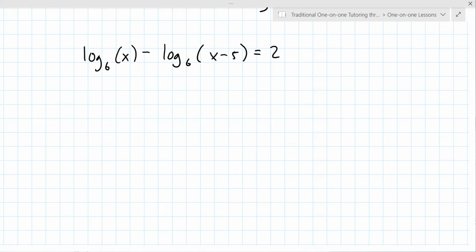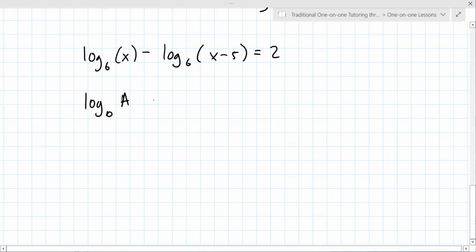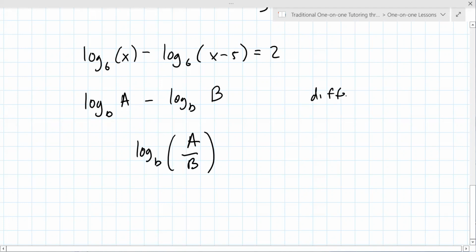I see. Okay, so the property here is if you have log base b of a minus log base b of b, it becomes log base b of a divided by b. So in words, a difference between logs, not within the log. This x minus 5 is within. Between logs is a quotient.